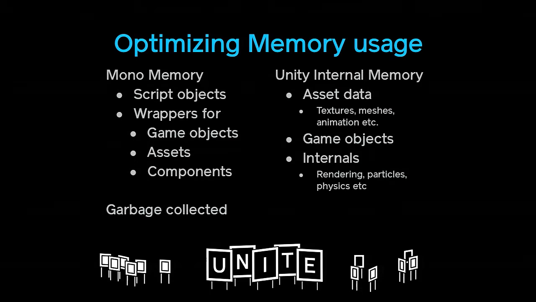There's of course the other side, which is all the Unity internal memory, which is all the texels for textures. It's the audio data. It's meshes, animations. There's game objects, components. All the data for those are in C++. And for other internal systems like the multi-threaded renderer, the physics, the particles, etc.